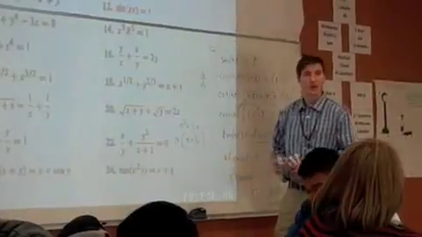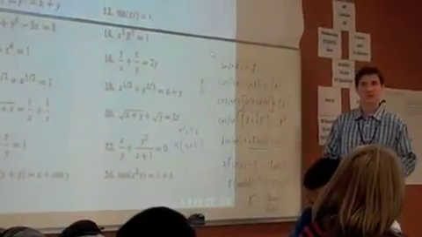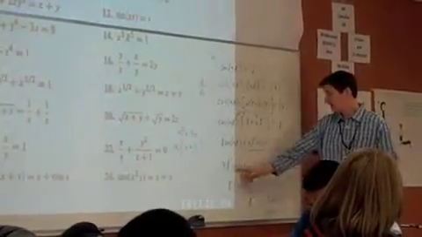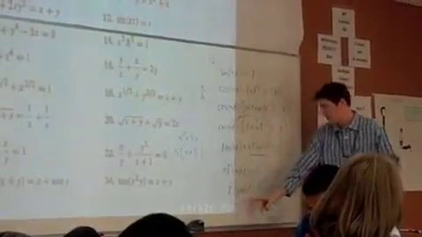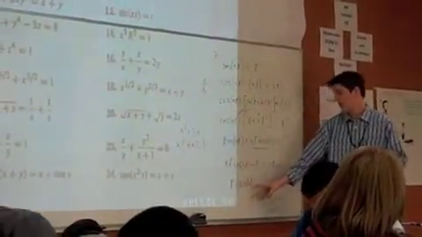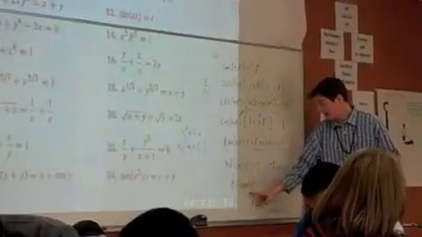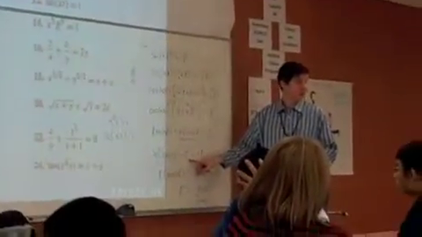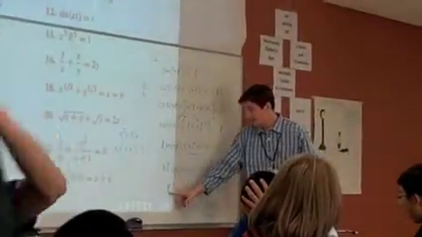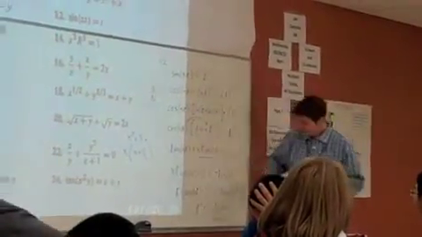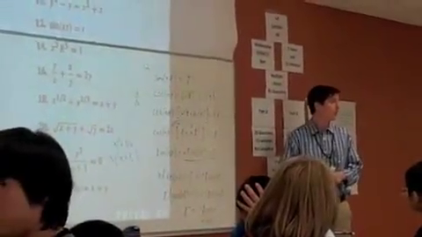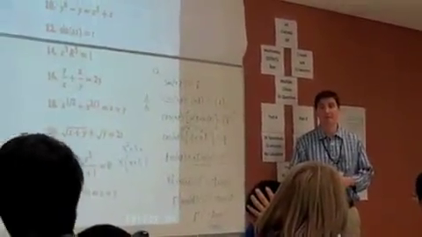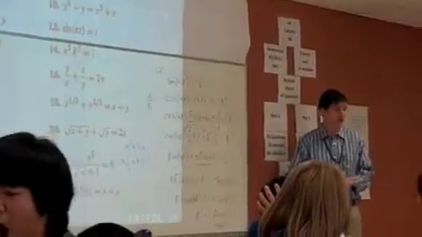So once you get just t primes on one side, you can factor out the t prime. You have x cos xt minus 1. As soon as you have t prime times some junk, divide both sides by that junk, and then you magically have t prime by itself. Does that make sense? Good question.